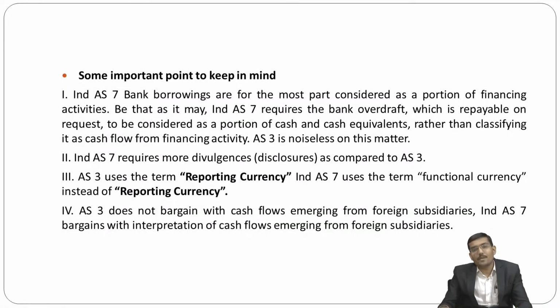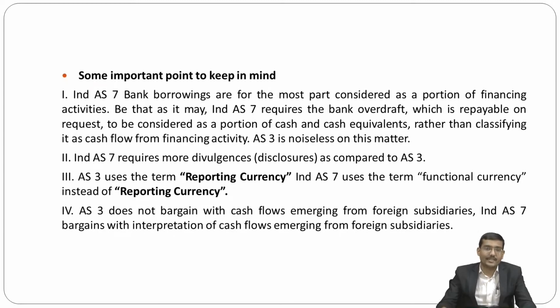Next are some important points to keep in mind while preparing the statement of cash flow as per Indian Accounting Standard 7. The first point: bank borrowings are for the most part considered a portion of financing activities.